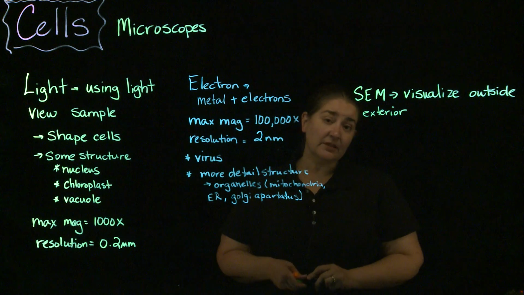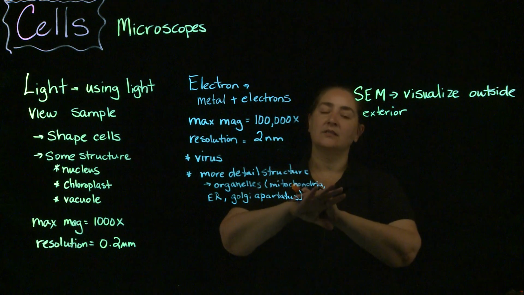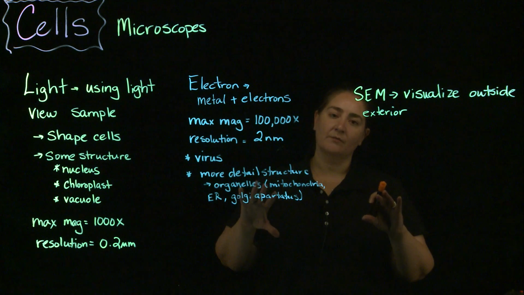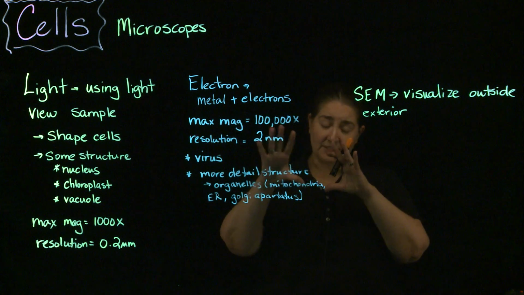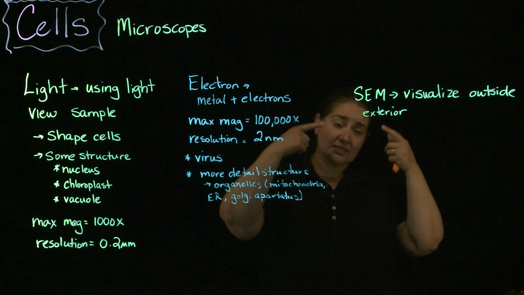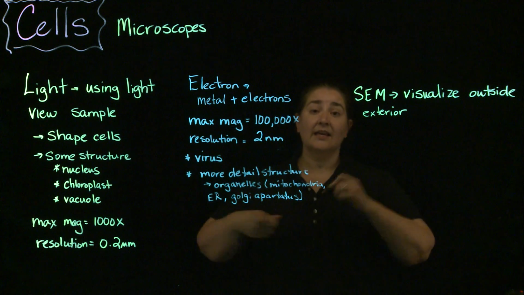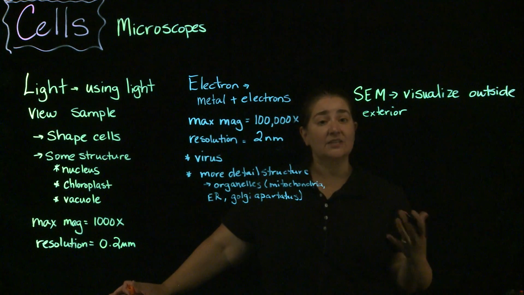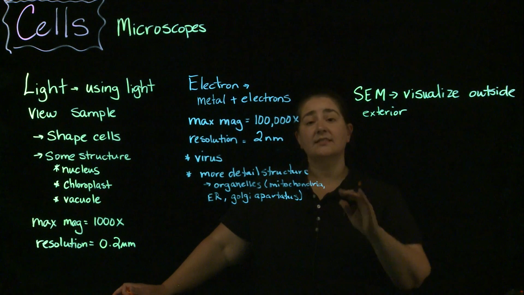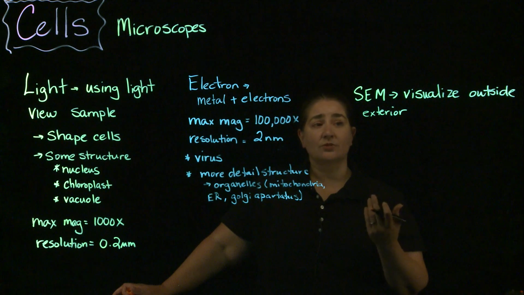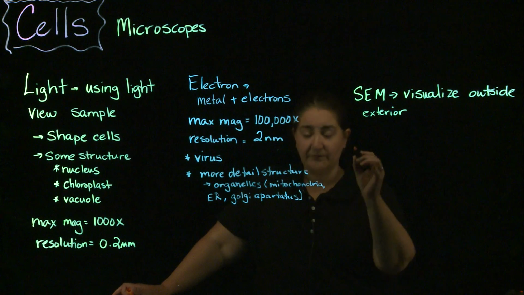The one I have in the PowerPoints that I like, I think it's really kind of cool. They did a scanning electron micrograph of an ant. So you can see kind of the outside of the head of the ant. You can see some ridges and grooves that are associated with the exoskeleton of the ant. And those are things you wouldn't be able to see just looking at the ant with the naked eye. So the scanning electron microscope allows you to visualize the outside or the exterior of whatever your samples are.